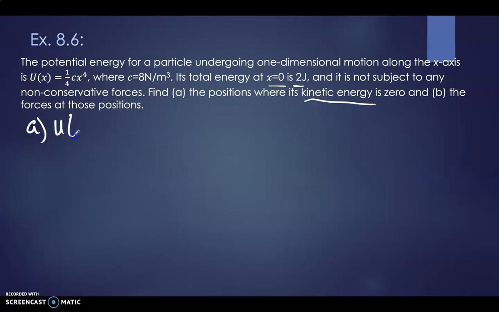So we have U of x, I'm going to just write it again: 1/4 times c x to the 4th. So that's our potential energy. We want to know what position where kinetic energy is 0.